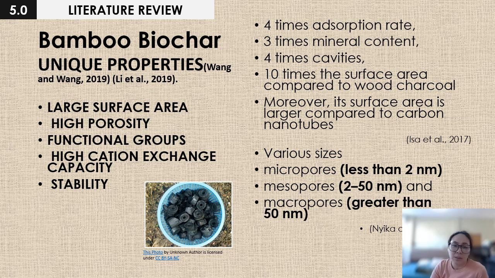Bamboo biochar has a large surface area, high porosity, many functional groups, and high cation exchange capacity and stability. It has micropores, mesopores, and macropores, with 4 times the absorption rate, mineral content, and cavities and 10 times the surface area compared to wood charcoal. It is also larger compared with carbon nanotubes.